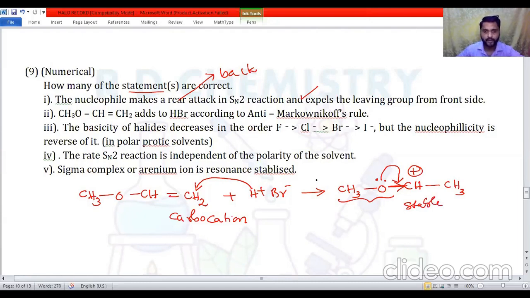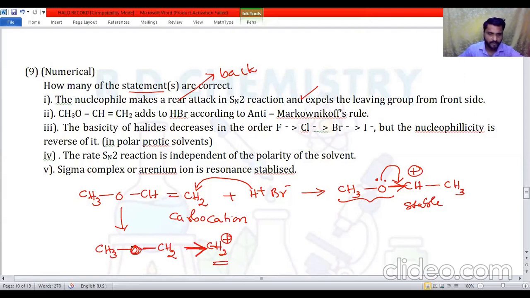Suppose I write it the other way around, like anti-Markovnikov's rule. CH3O CH2, I'll write here, then CH2 plus. This is also a carbocation, but this carbocation is connected to a carbon, so it is like an alkyl group, then oxygen is in between.